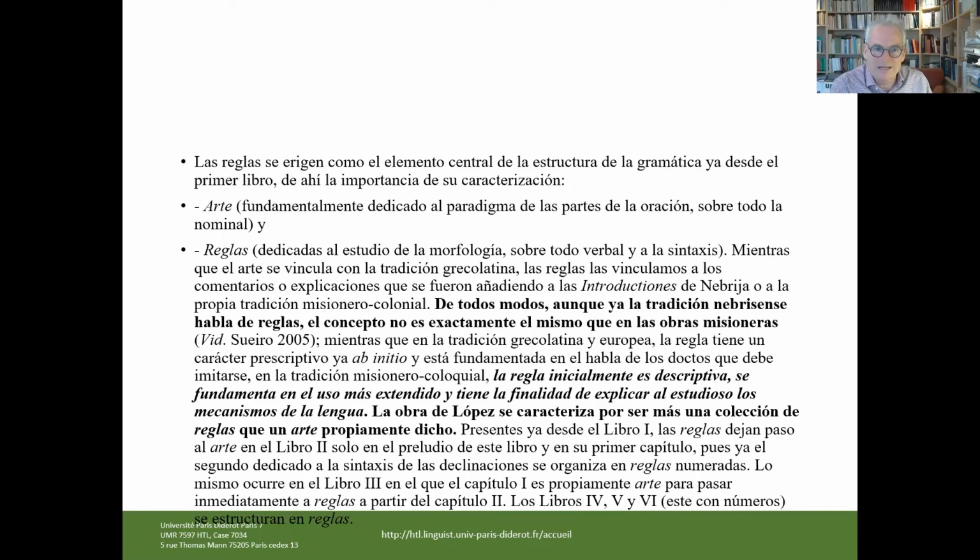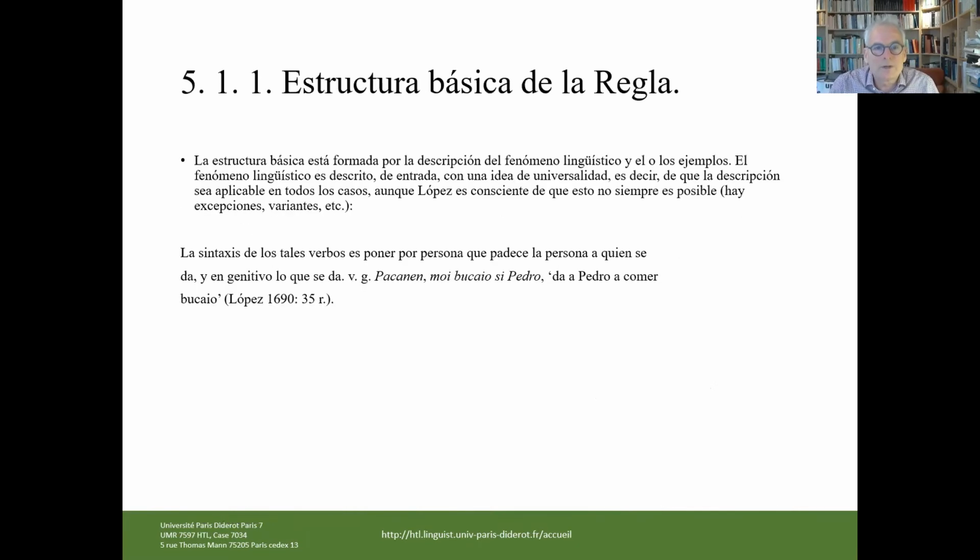You have one part Arte, the other is reglas, and this is a citation from Suero Gustel. And in his classification, I just took it from his book, you find a kind of typology of the reglas. And the same author has also studied the typology of the ejemplos, the examples. So what kind of examples do we have in order to demonstrate some features in the language or grammatical information with an illustration with examples?